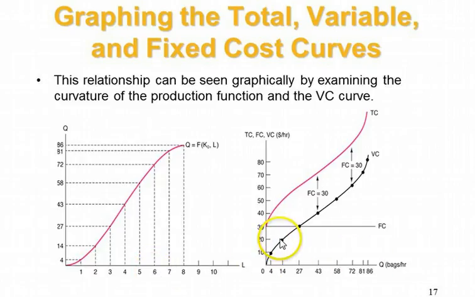When this curve is kind of flat, that means costs are not rising that rapidly as we produce more. That could be because workers are more productive, the steep part here. But as productivity starts to fall, costs start to rise rapidly.